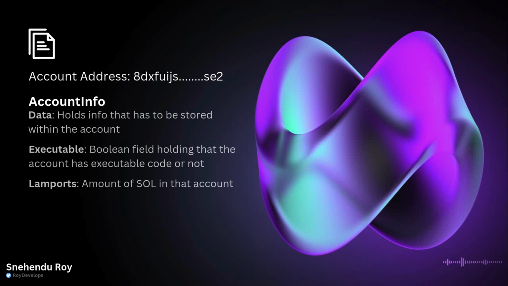The rent in the Solana blockchain is given via these lamports of SOL. So, when you save some sort of data in the blockchain, you will have to provide rent. For this rent, you will have to deposit some lamports of SOL into your account. That is the third field.